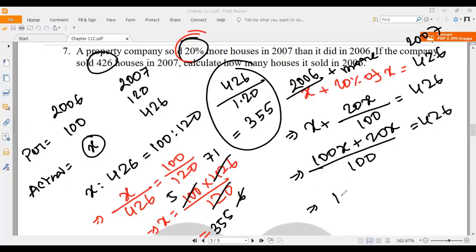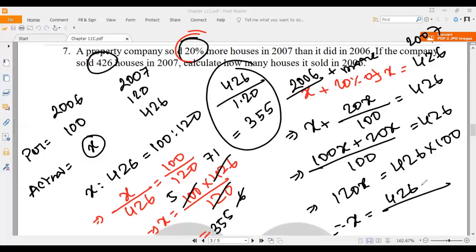Now it will be 120X equal to 100 multiplied by 426. Then what will be the value of X? 426 multiplied by 100 by 120. After calculating this, you will get 355. In 2006, the company sold 355 houses. I hope you understand this one properly.